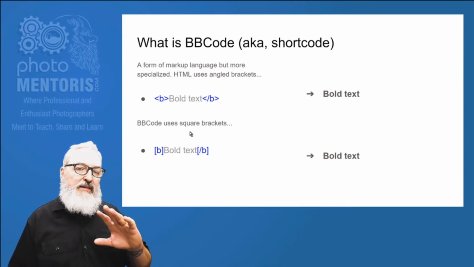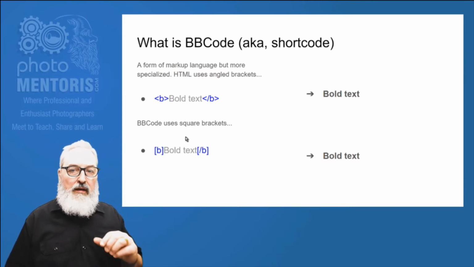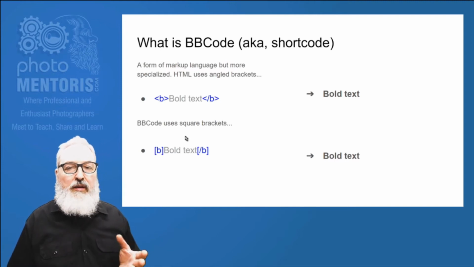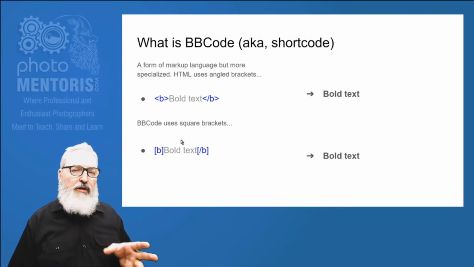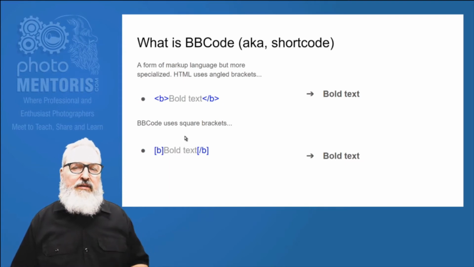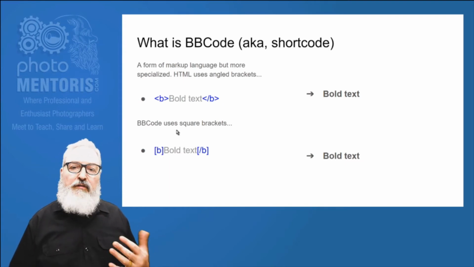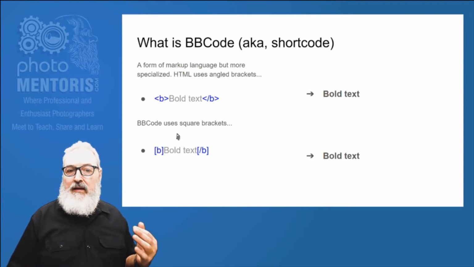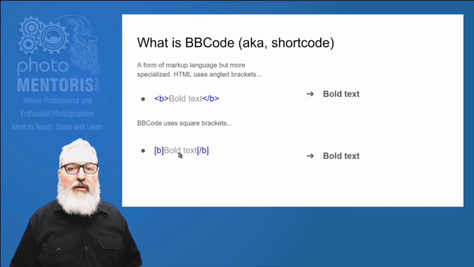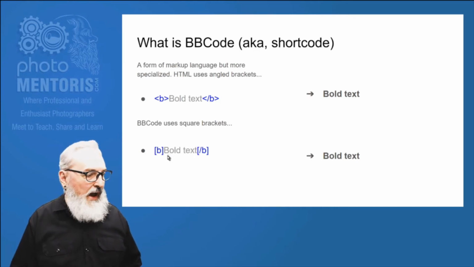BBCode works in a slightly similar way for most standard HTML modifications, with a few exceptions, and I'll get into that in a little bit. The only difference between the HTML and the BBCode is the use of the square brackets.